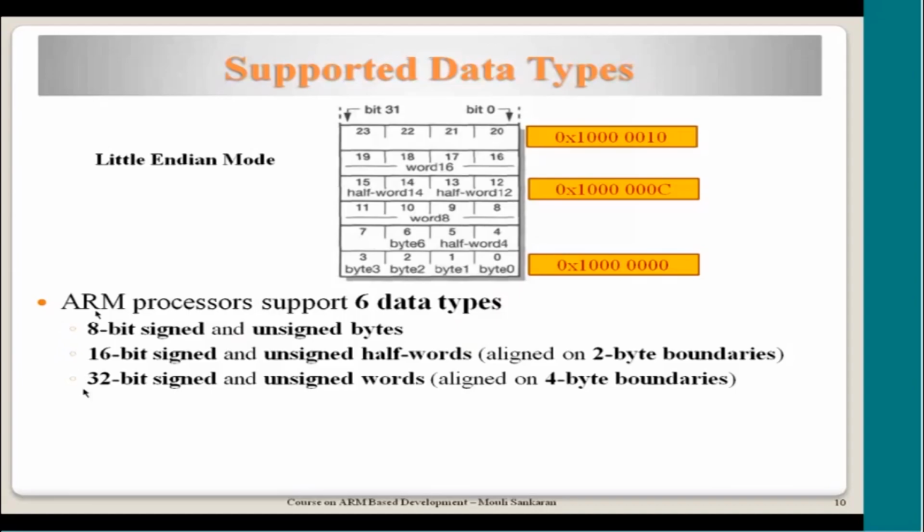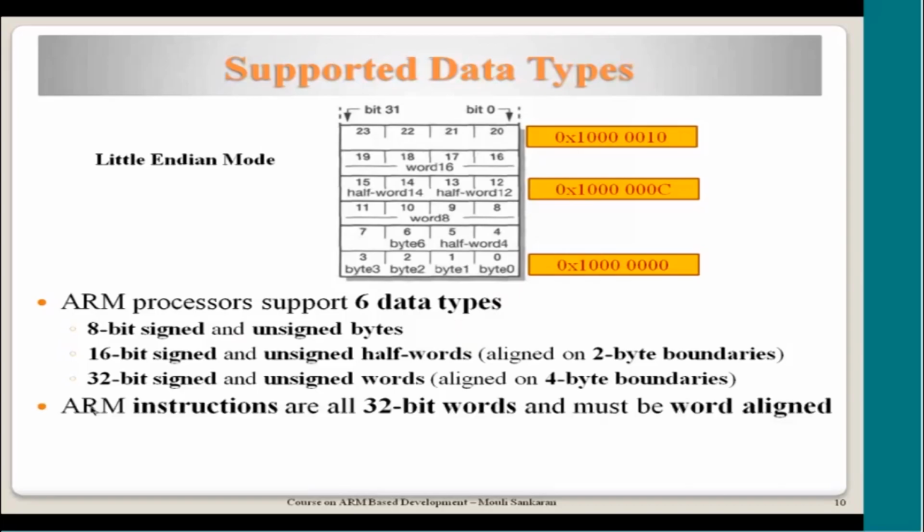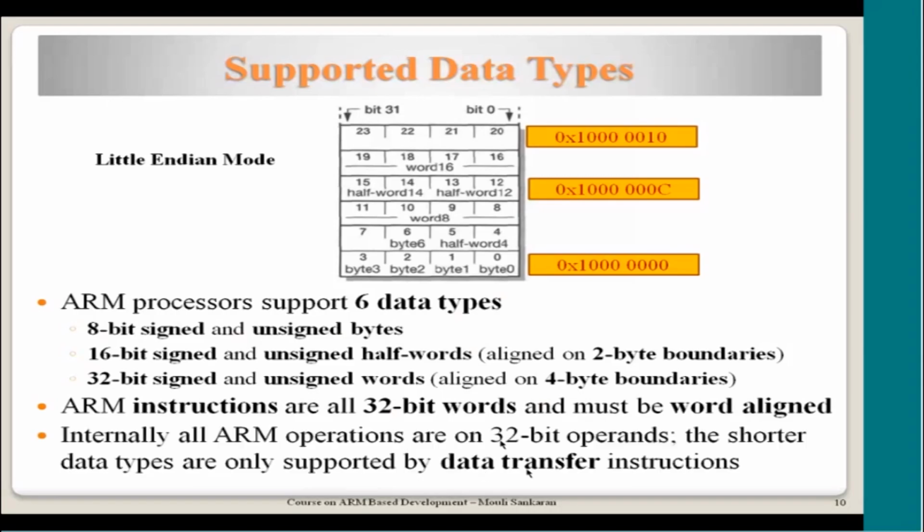It is only when you want to store or load from memory. Any data in the memory could be of any of these types, but once it comes into the registers, it is extended to 32-bit words. Internally ARM reads and operates on 32-bit values.